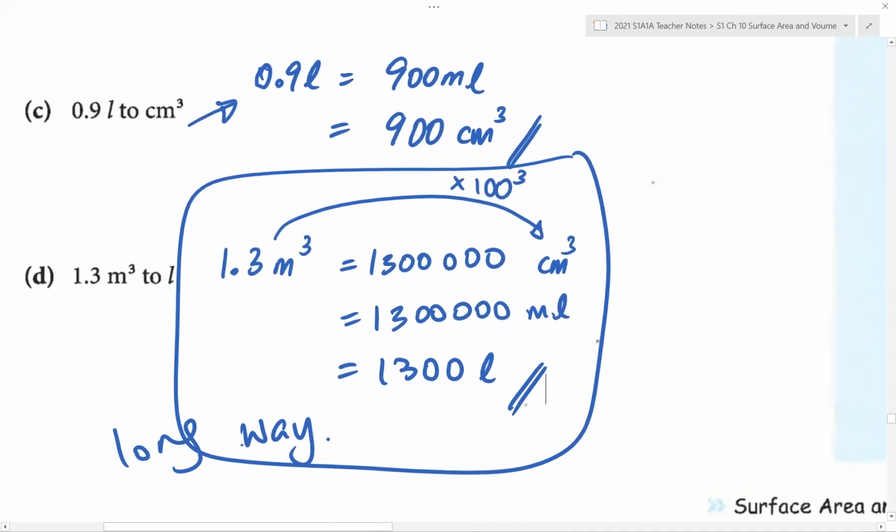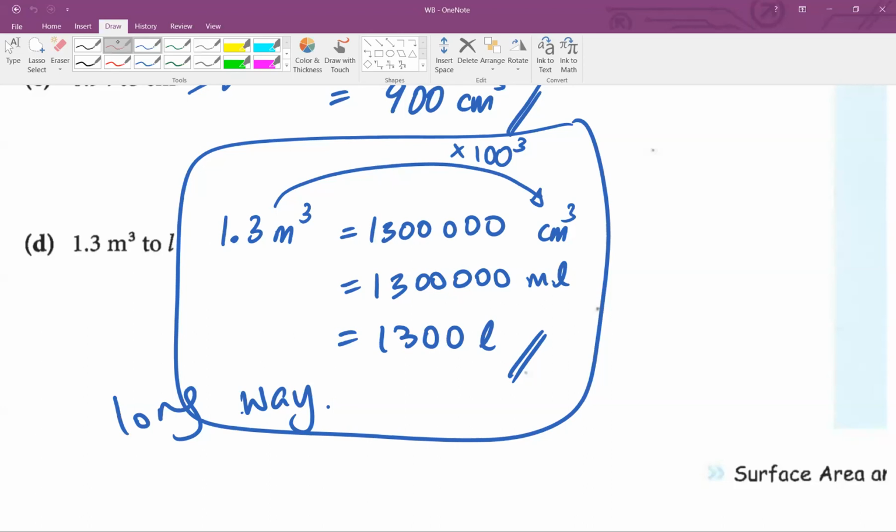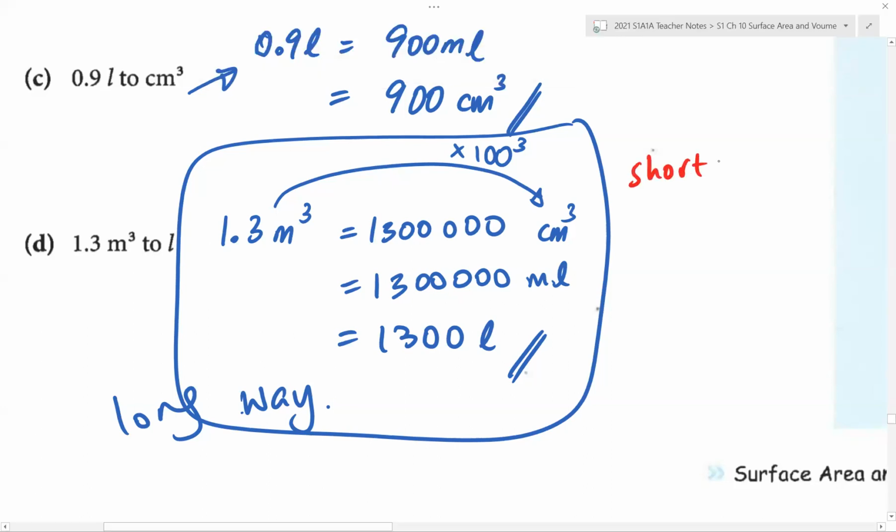Now I'll show you the shortcut. The shortcut requires you to memorize something: 1,000 liters equals 1 cubic meter.